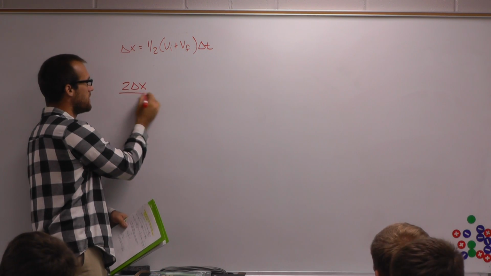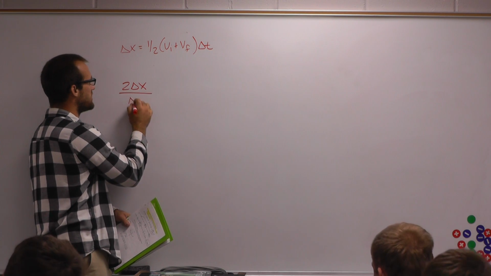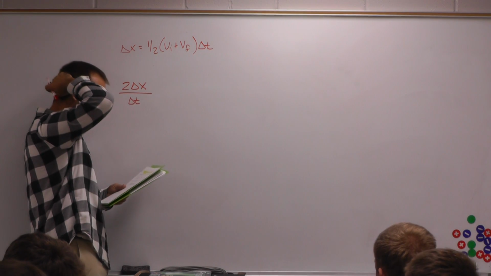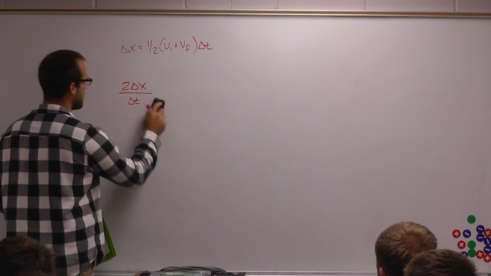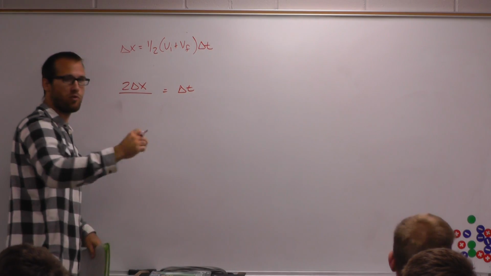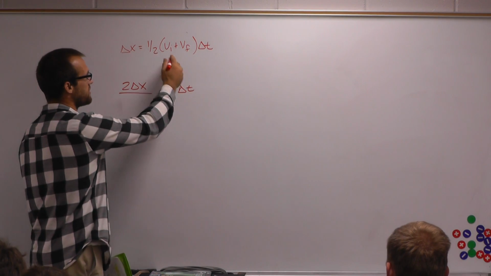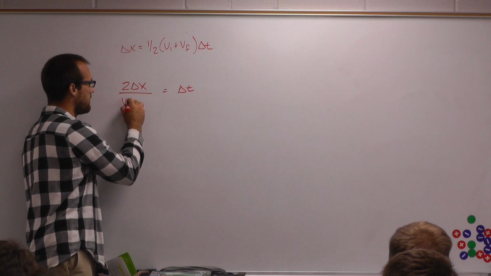Then I want to solve for t, because I want to get rid of the t. So I'm going to solve for it and substitute it in. So I'm going to divide by vi plus vf.